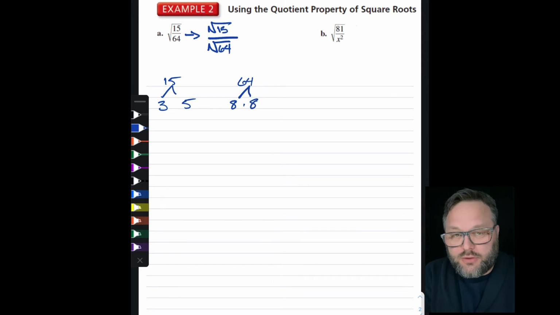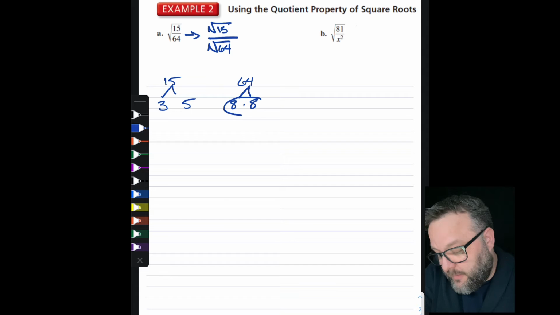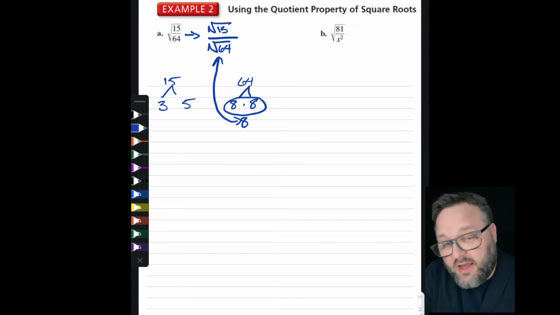Now, I could have done the 2s and just kept dividing by 2. I've done that in the past. That's what I do initially. But if you can see it, just jump straight to the squares. So I do have a pair of 8s, so I can replace this with the 8.